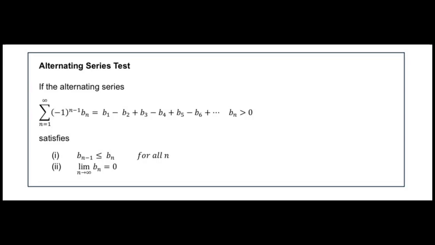And the second condition, the terms must be decreasing. That means each term is smaller than or equal to the one before it. If both of these conditions are true, then the alternating series converges.